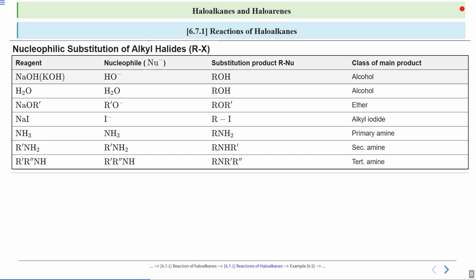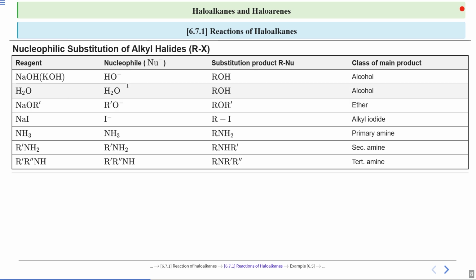If you take the reagent sodium hydroxide or potassium hydroxide, you get the nucleophile OH minus, the hydroxide ion, and after reaction with the alkyl group, the substitution product is ROH, an alcohol. So the main product class is alcohol. Similarly, for water, we get alcohol as the main product.